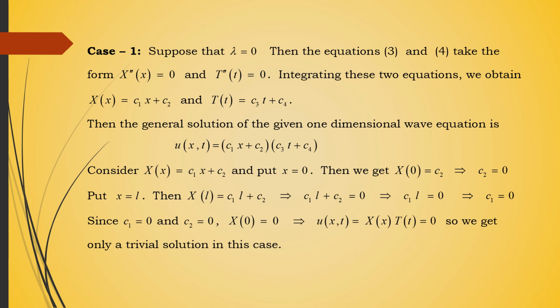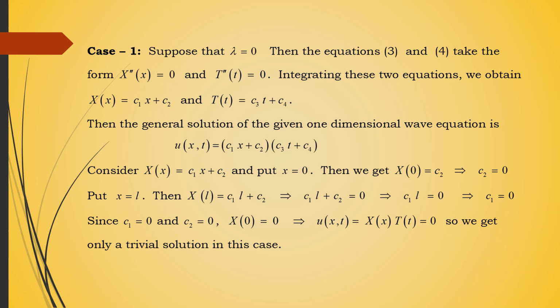Our next equation is T''(t) - a²λT(t) = 0, which was equation number 4. We don't know the value of lambda. Depending on the values of lambda, we divide our problem into three different cases.